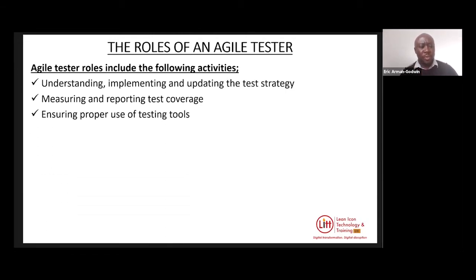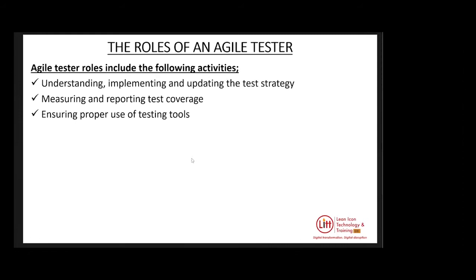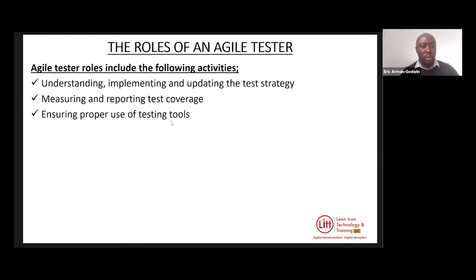Thirdly, ensuring proper use of testing tools. All kinds of tools are used in Agile. We'll talk about automation later, but they're not just for automation. Logging bugs, the backlog repository, etc. These are what I'm referring to.